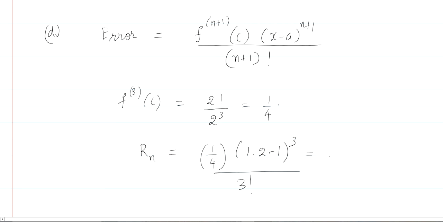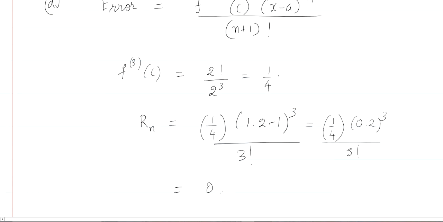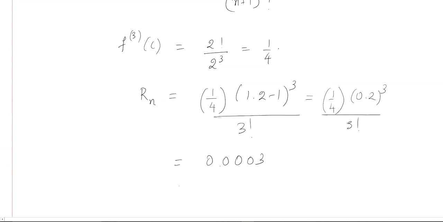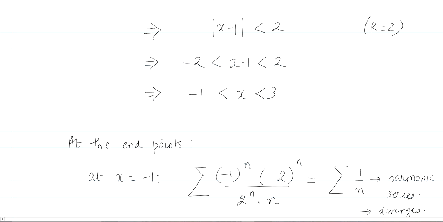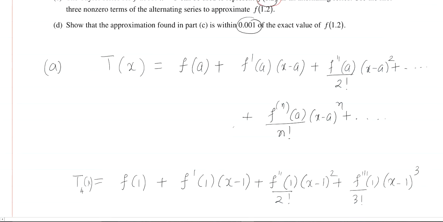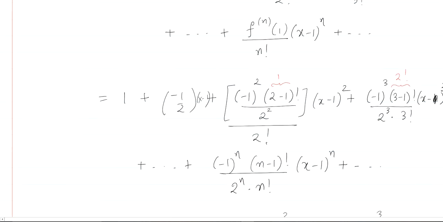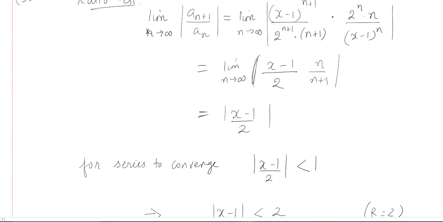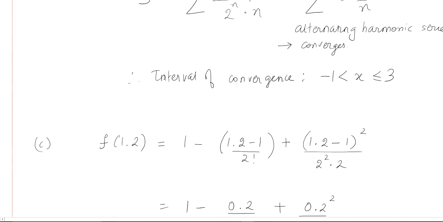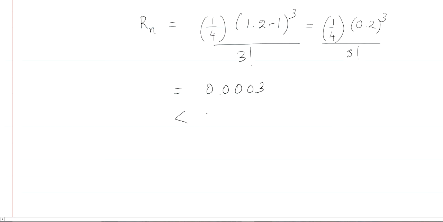When you evaluate this, you end up getting 1 over 4 times 0.2 cubed over 3 factorial, which happens to be 0.0003, which is definitely less than the error that we wanted, 0.001. So it's definitely less than 0.001.